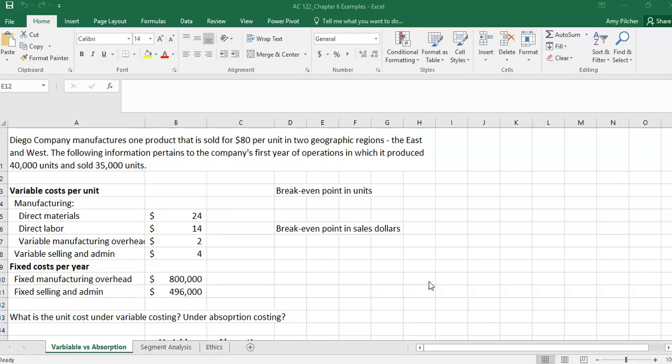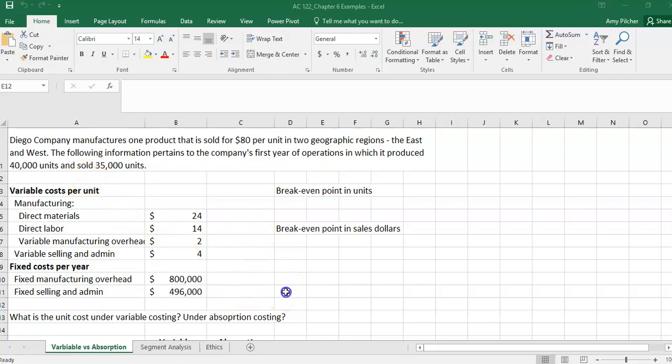So we have this company, Diego Company, that has one product. It sells for $80 per unit and two geographical regions. We have information about their variable cost per unit and their fixed cost per year.